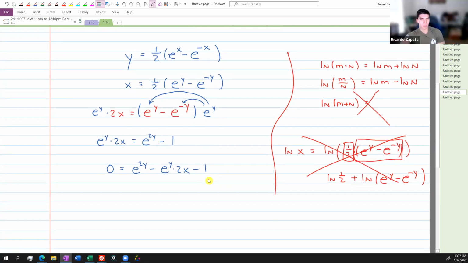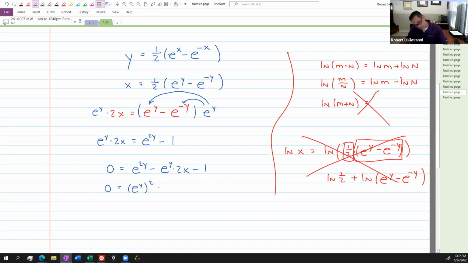Will you use u-sub? I'm going to do kind of like a u-sub here. I'm going to make a substitution. You've got to see here that I've got e to the y squared minus 2x times e to the y minus 1. And what substitution, Ricardo?